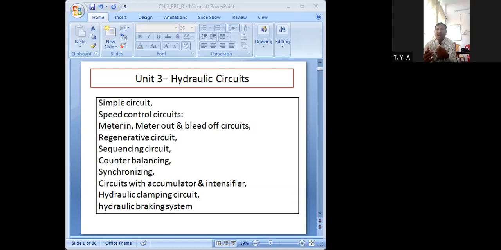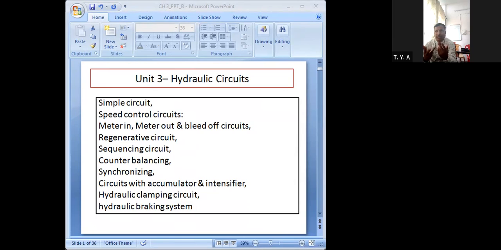We should also know how each and every component or element of the fluid power system works or operates in a fluid power circuit. So in this chapter we will discuss a variety of hydraulic circuits.